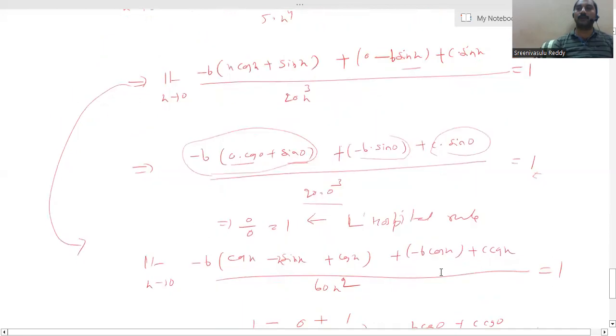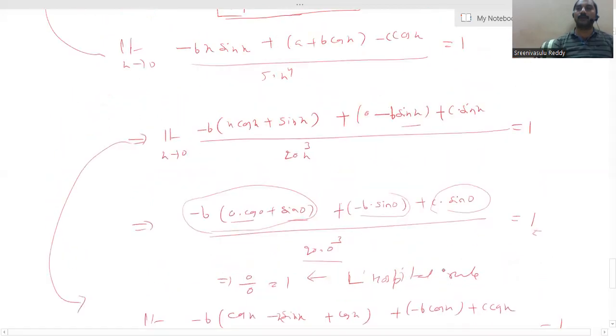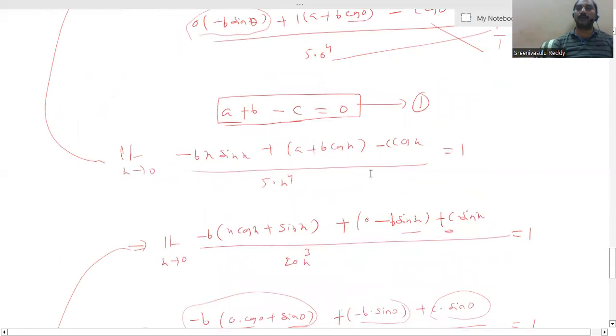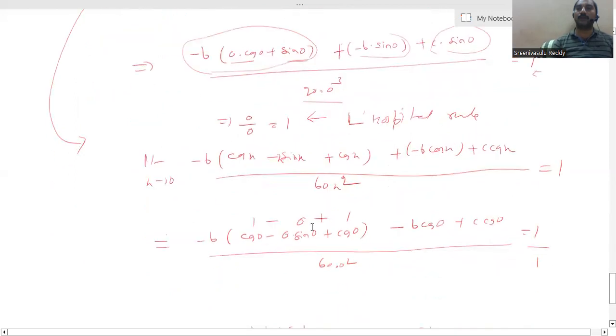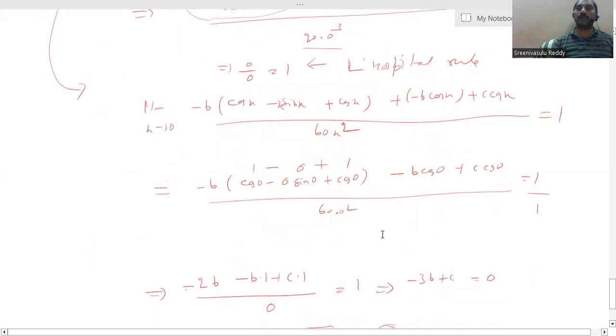Substitute this value in this limit. You observe that the third derivative, it is not good. I think it is better, because the third derivative involves B's and C's, or at least you substitute in the last equation. It is better. Last derivative, this one. We get a B value.